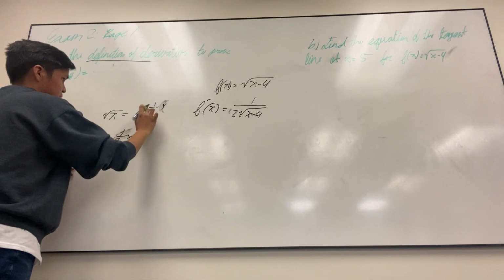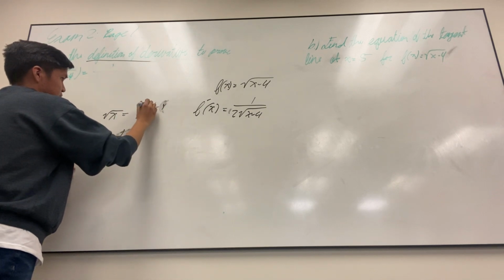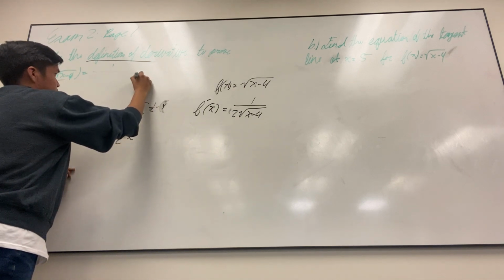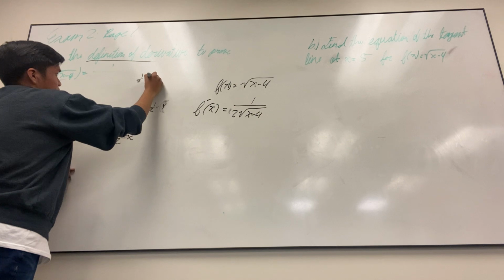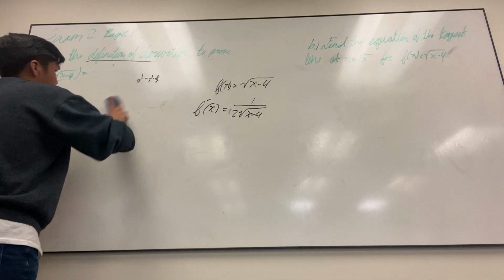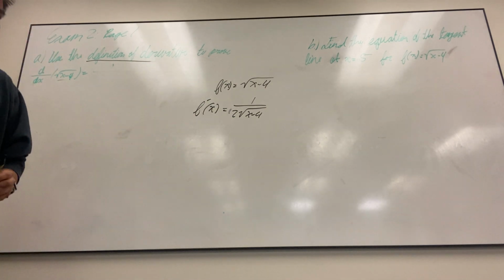So you have x to the 1/2 minus 1. First you times 1/2 to this side, and then you're left with 1/2 minus 1. Well, I think I've complicated this. Let me rephrase this again, just so that it's clear.